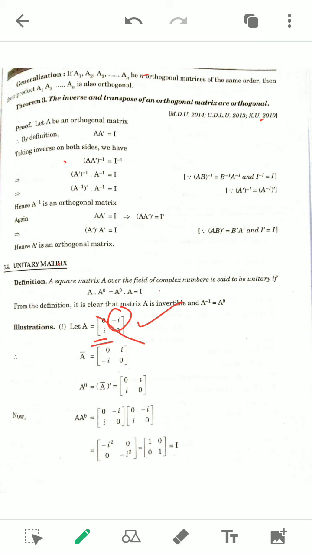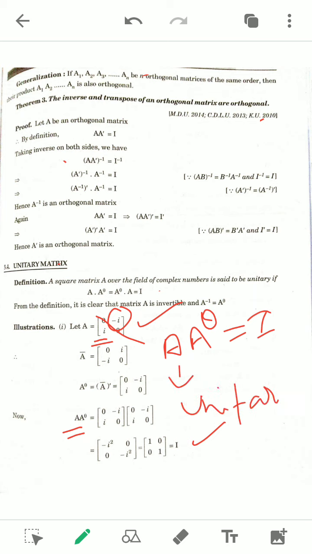Then you compute A theta, and you get the identity matrix. If we are getting A theta A equal to identity, then this A is a unitary matrix.